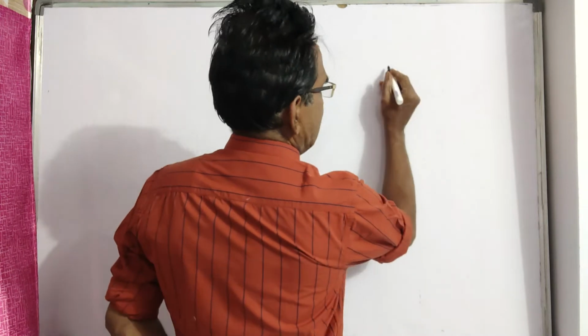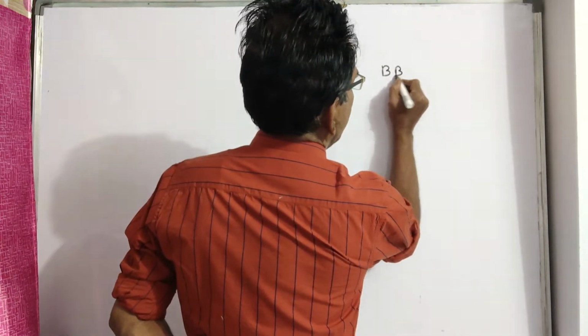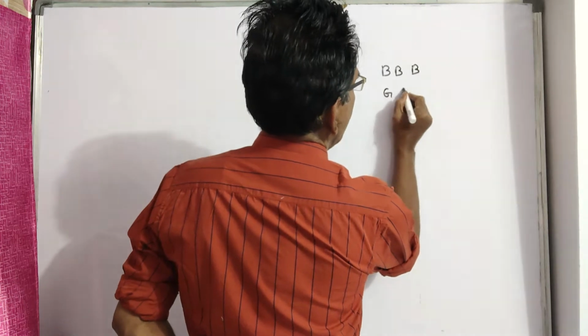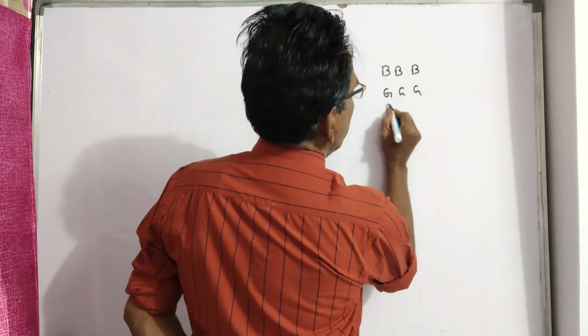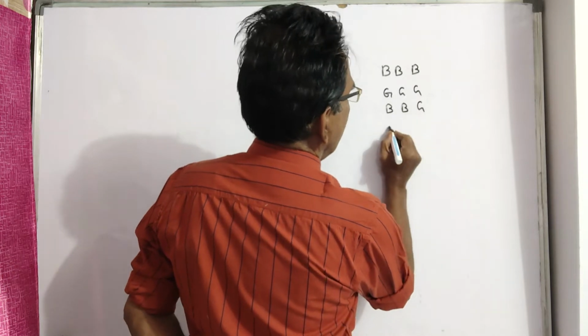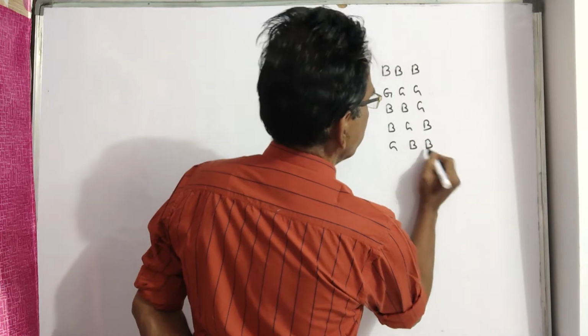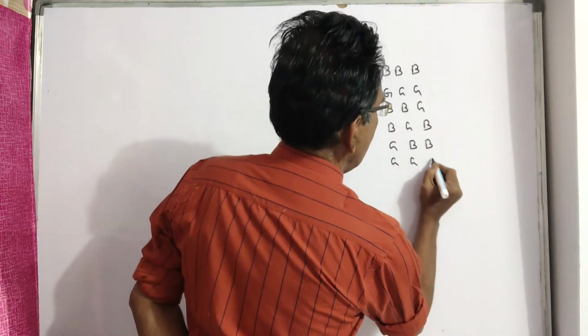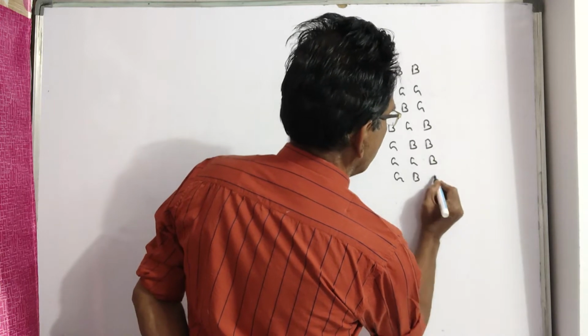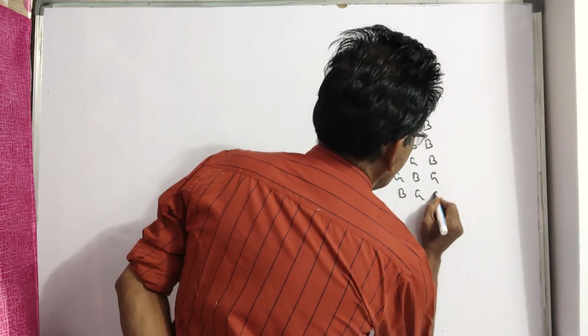See friends, if a family has 3 children, these 3 children can be born in 8 ways. Those 8 ways are: all the 3 children may be boys, all the 3 children may be girls, or boy, boy, girl, or boy, girl, boy, or girl, boy, boy, then girl, girl, boy, girl, boy, girl, boy, girl, girl.